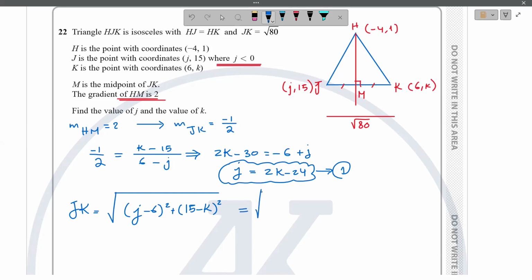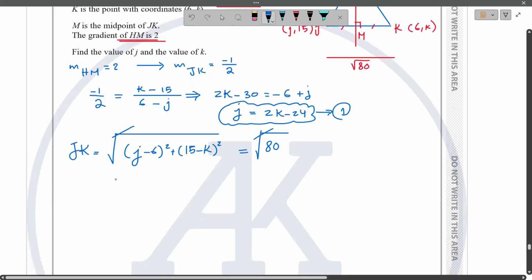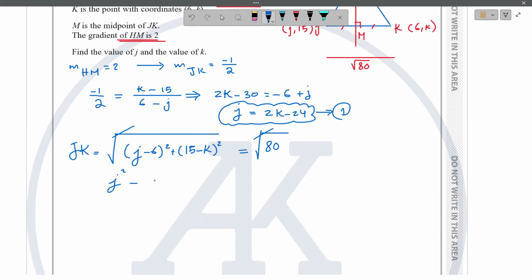This will be equal to the square root of 80, so we can cancel the square root with the square root and expand this, which is equal to j squared minus 12j plus 36 plus 225 minus 30k plus k squared. This will be equal to 80.